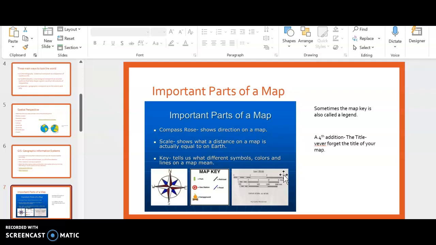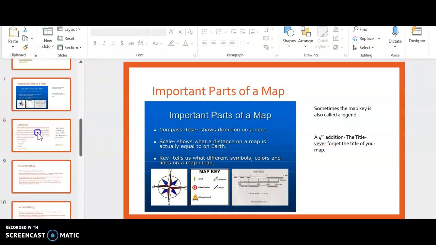A small scale map actually shows us a larger area, okay? So a small scale map will show us like the world, or the United States, right? So you've got to trick your brain a little bit there. It's opposite of what you think it is, right? You would think a large scale map would show us a large area, but actually it's the opposite. Okay, so take note of that and remember that, okay?